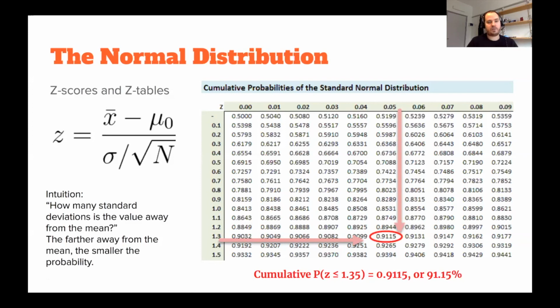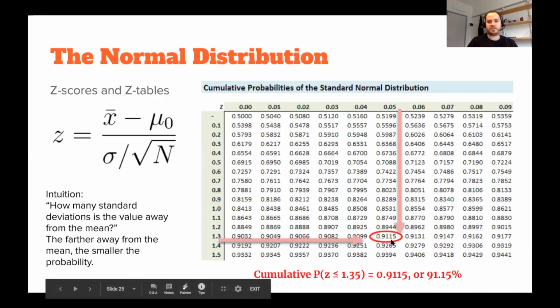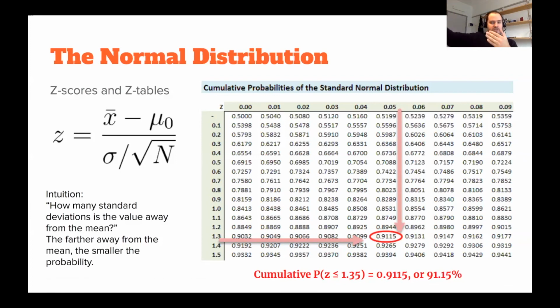I would say, okay, there's a 9.85% probability that this thing I saw happens or worse. And for a significance level of 5%, that is not a rejection. So you would say, I cannot reject my null hypothesis because it's larger than 5%. So be it. I don't know if it's true, but I also don't know if it's not true.